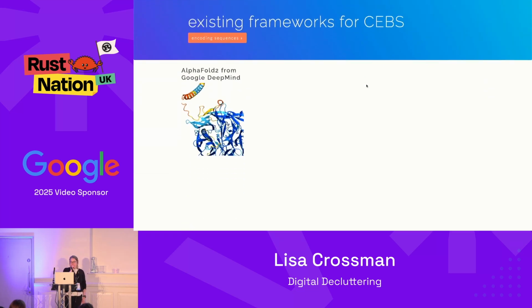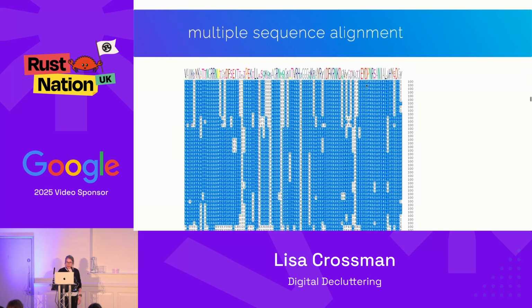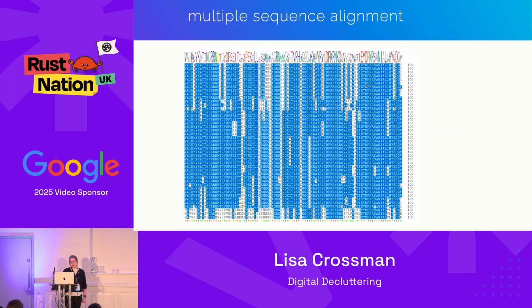There are some frameworks currently that could be used for computationally engineered biological sequences, and one of those is AlphaFold 2 from Google DeepMind, which is for protein structure. They've encoded their sequences as protein sequences in this multiple sequence alignment format. As you can see, when you line up all the proteins from different organisms, they're the same protein in each organism that has to be lined up.